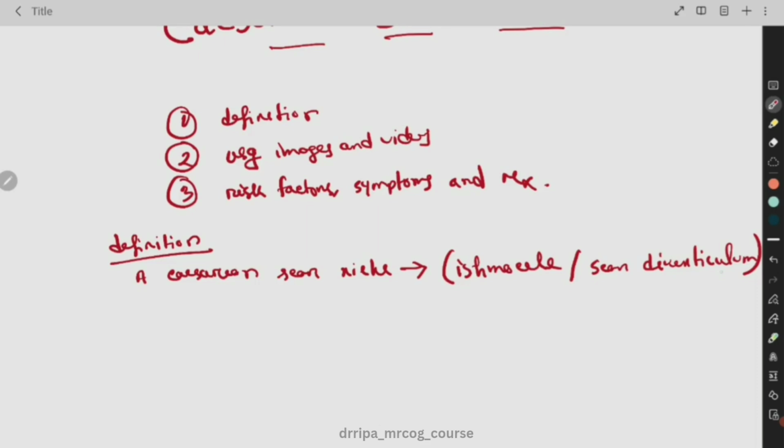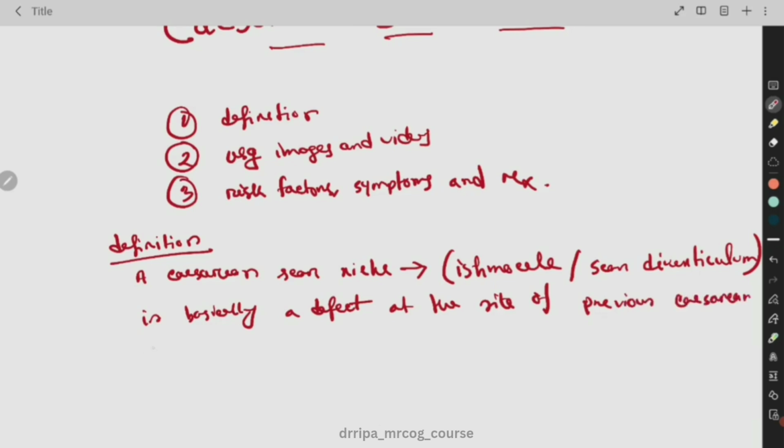So, Caesarean scar niche is basically a defect at the site of previous Caesarean section scar. So, Caesarean scar niche is a defect at the site of previous Caesarean section scar.